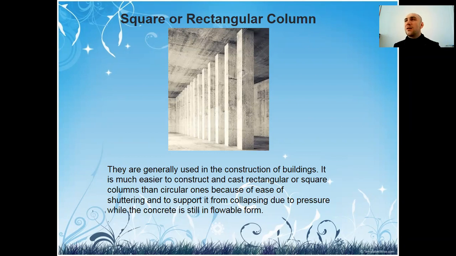Square columns are used when the moments in either direction are equal, or when compression loads are very high. Usually square columns are provided as interior support.